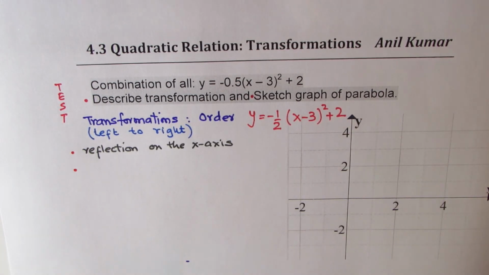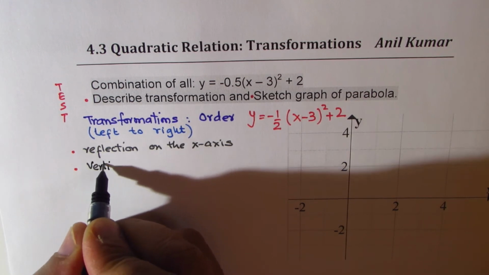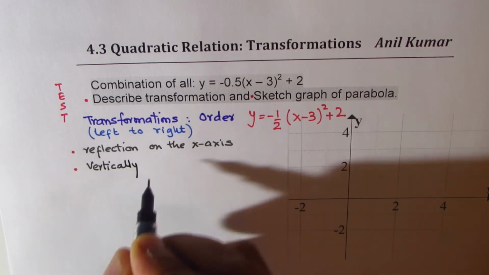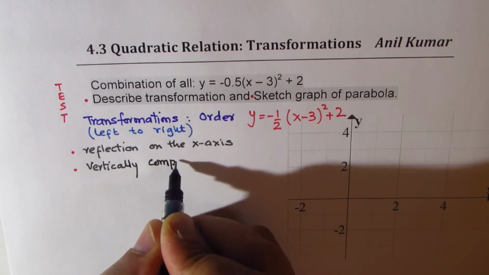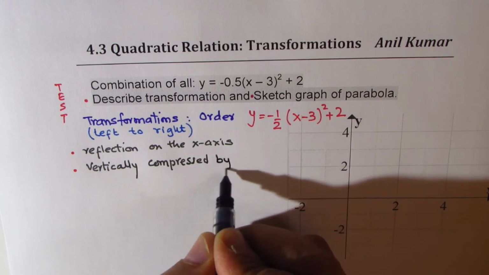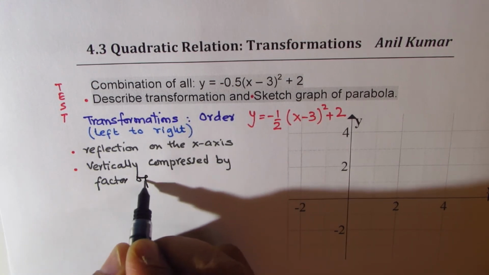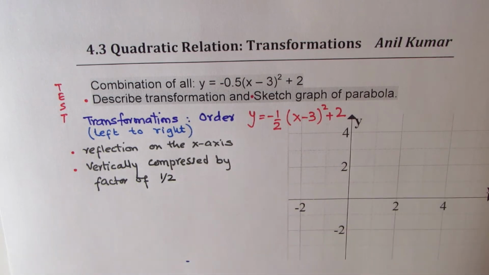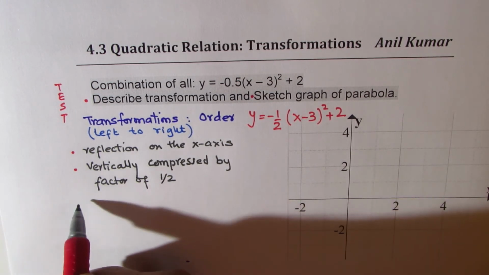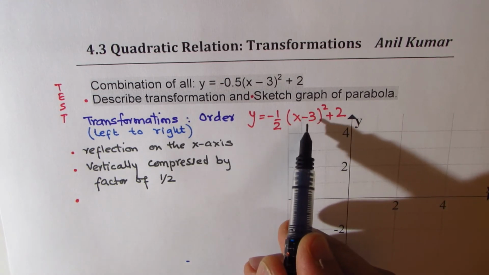Half is less than 1, and that means it is vertically compressed by a factor of half, because it gets multiplied. Then we move inside the bracket: minus 3. It means what?